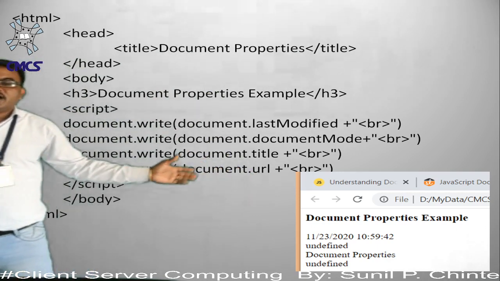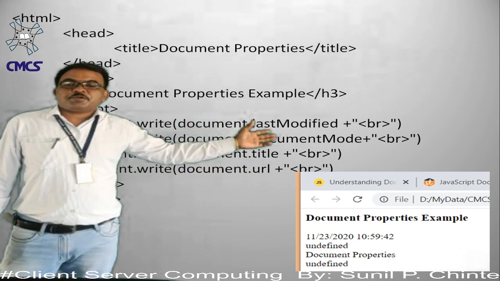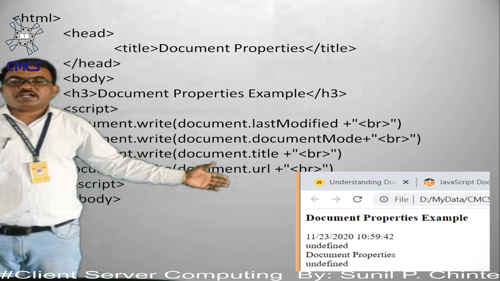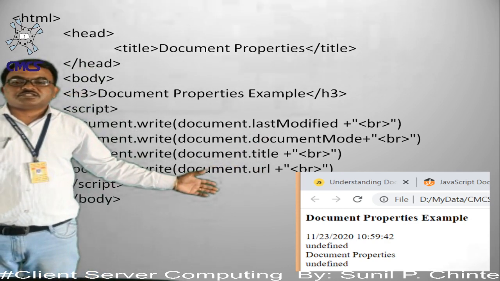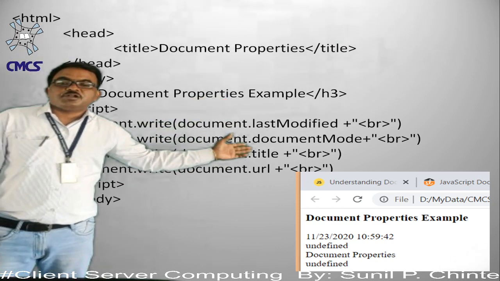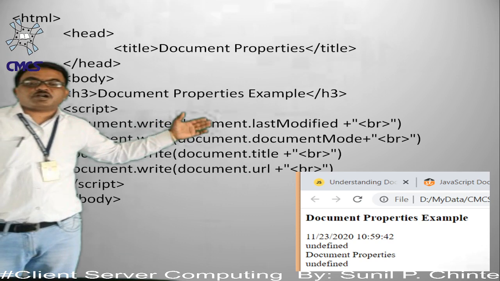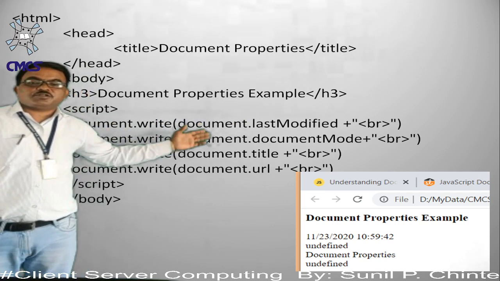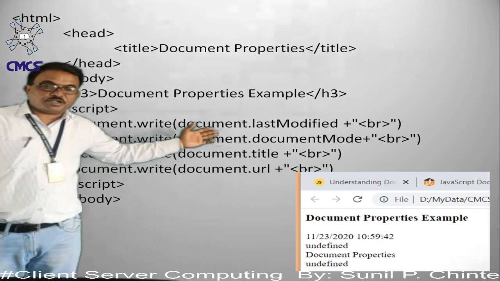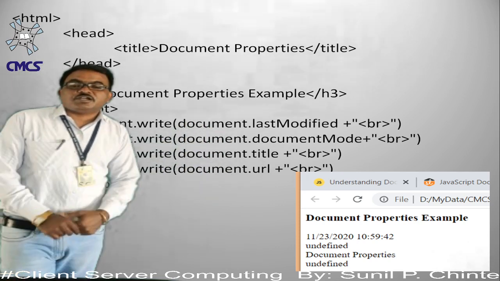Under that I have used the different properties: last modified, document mode, then the title and the URL. So these are the properties, used as document.lastModified, document.documentMode, then document.title and document.URL.